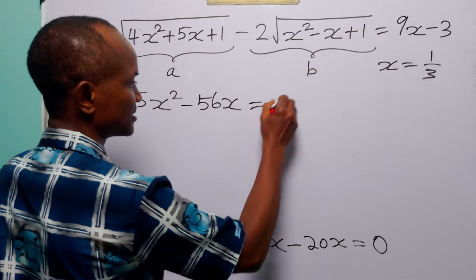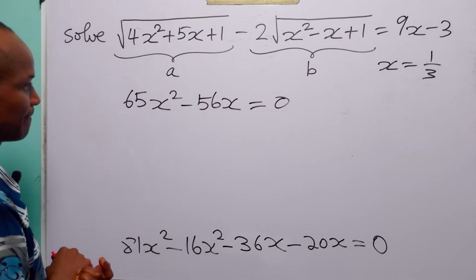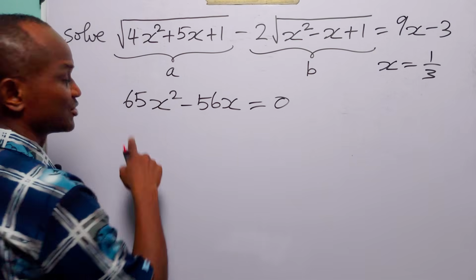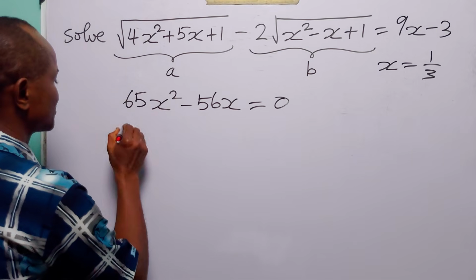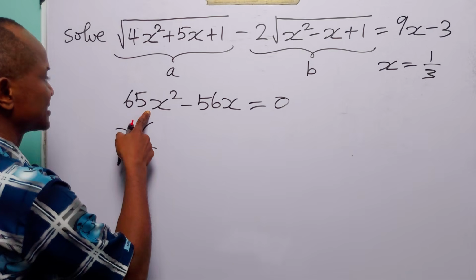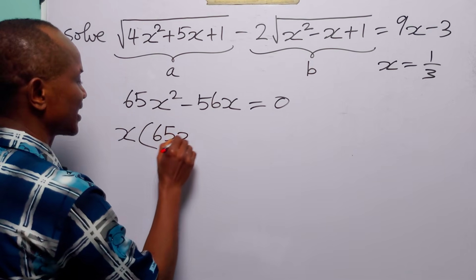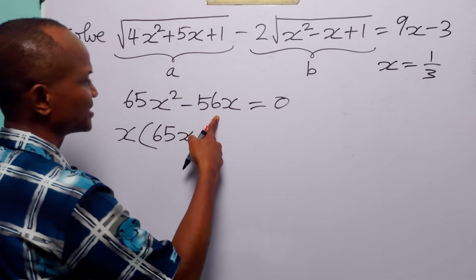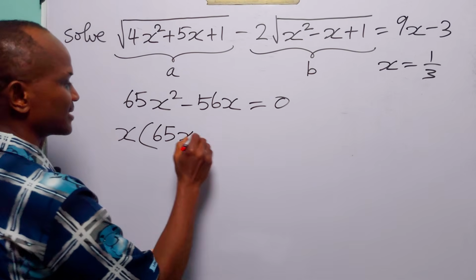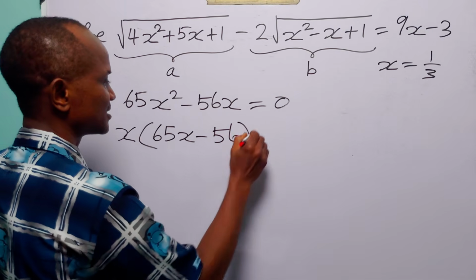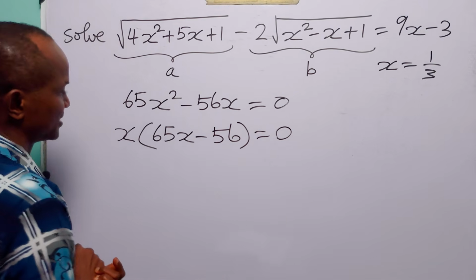And this is equal to 0. Now, when you look at these two terms, you'll see a common factor, which is x. So we can factorize: 65x squared divided by x is 65x. Minus 56x divided by x is minus 56. This is equal to 0.